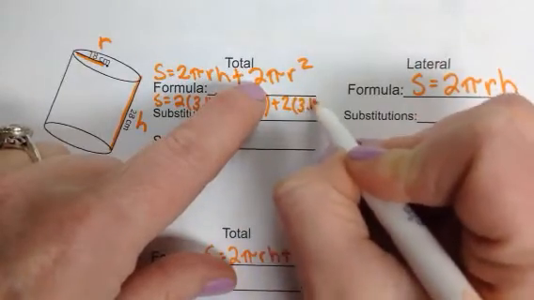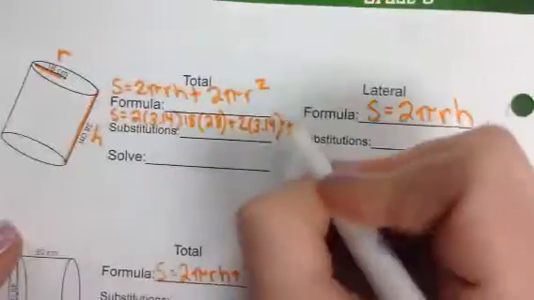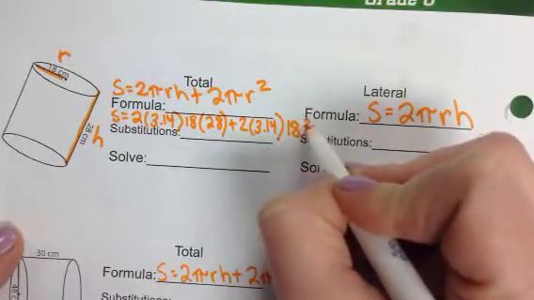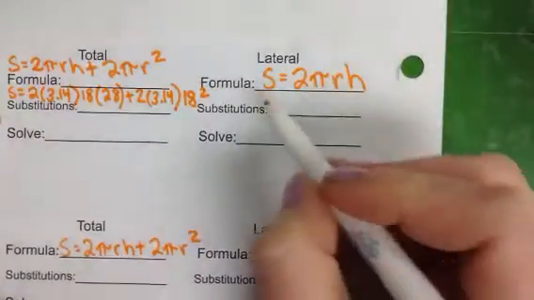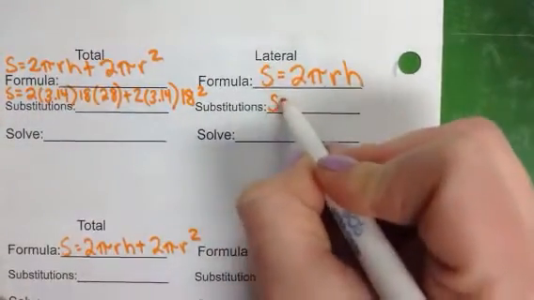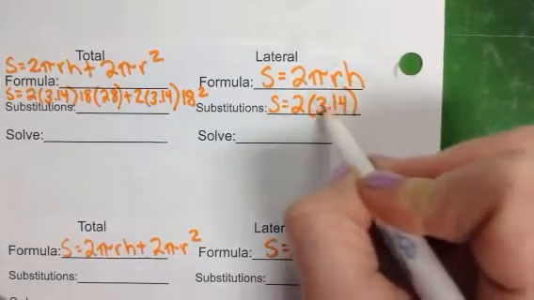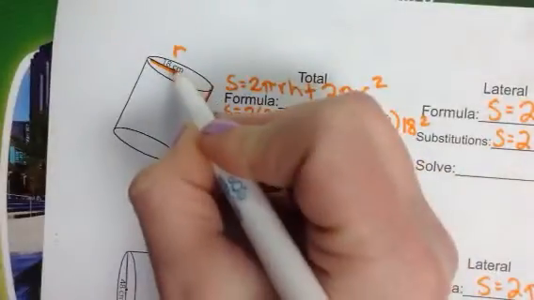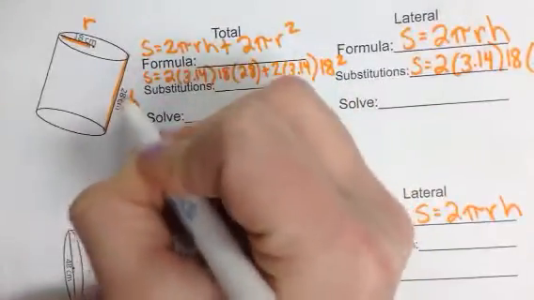Again, I have to fill in my pi number, and they asked for the radius, so I'm going to grab my 18. This time they need it squared to get the area of those bases. Filling in the lateral, I keep the 2 times 3.14. The radius is 18, and the height was 28.